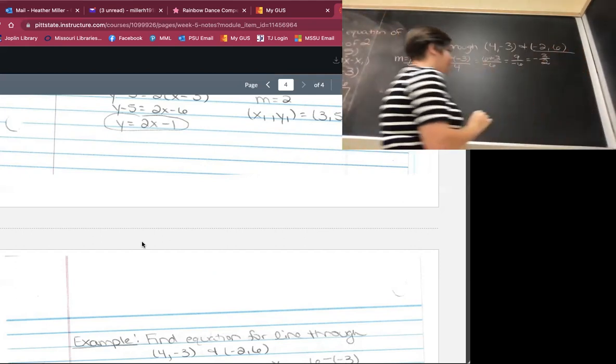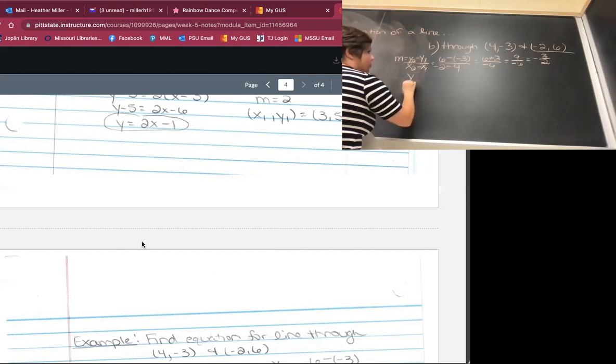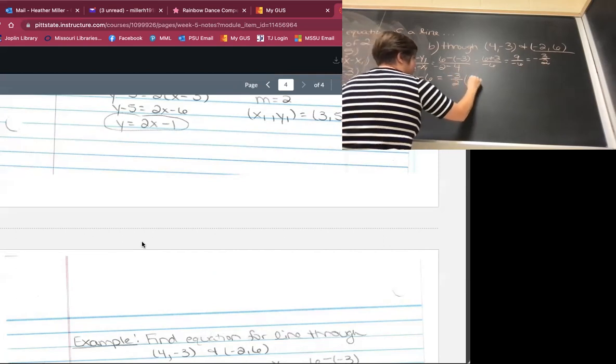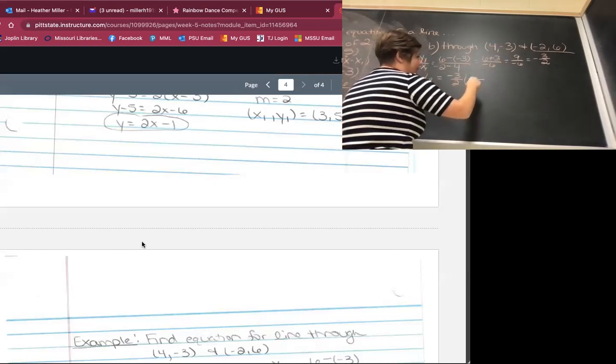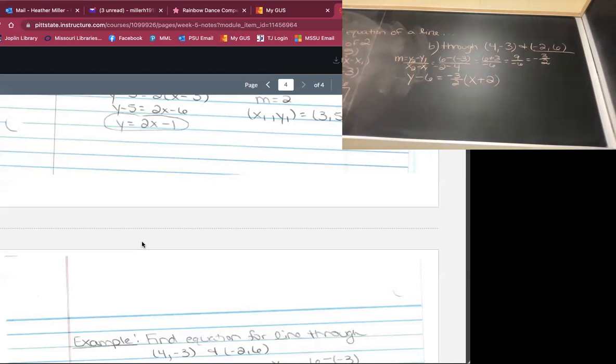I'm going to use this one, and my y minus y1 equals m times x minus x1. Since it's already a minus, I'm just going to switch it to a positive to save me a little bit of board space. A minus becomes a positive.